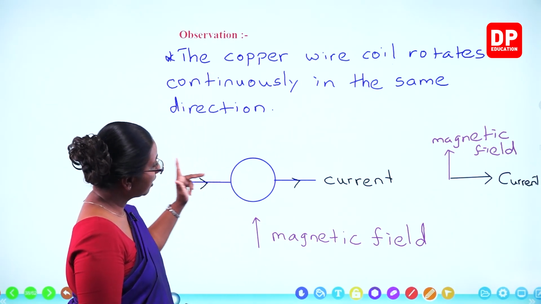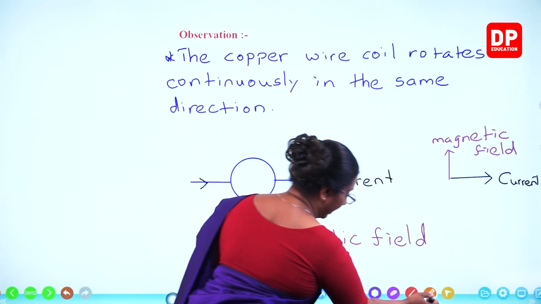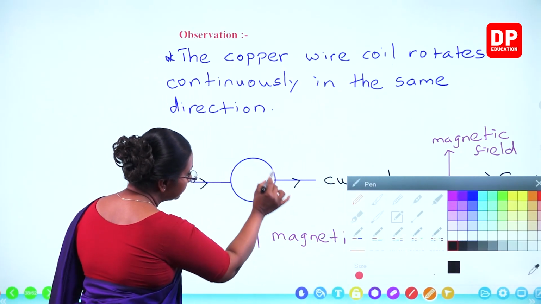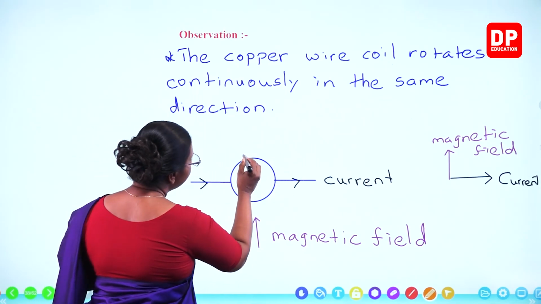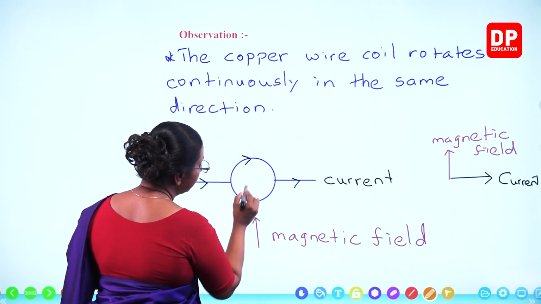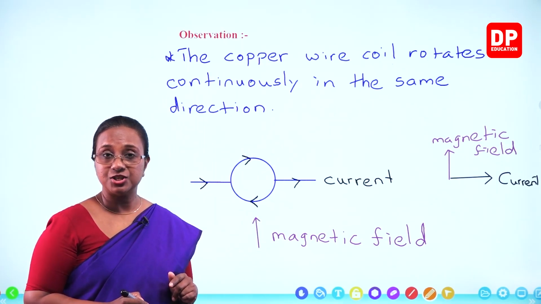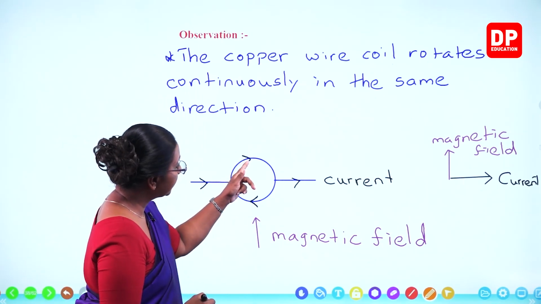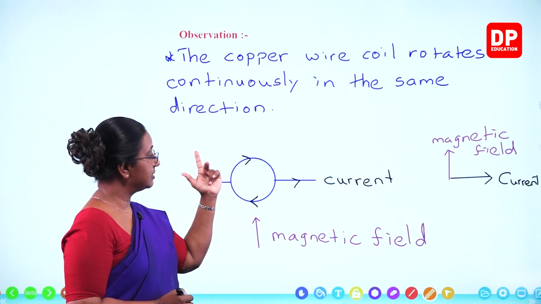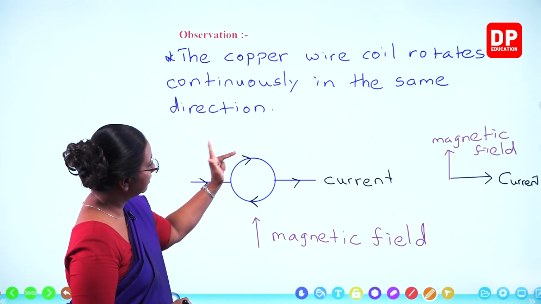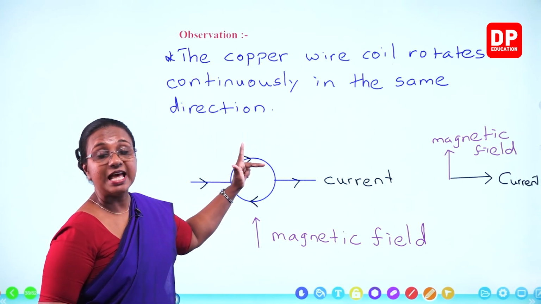What is the direction of the current flow? In this direction. You have to understand, students, this is a coil. We'll say the coil has been wound this way. So current will flow into the coil here, and since it's wound this way, it will flow in the opposite direction there. If we apply Fleming's left-hand rule for the top part, the magnetic field is this way, current is flowing this way, so the middle finger has to point towards that direction.